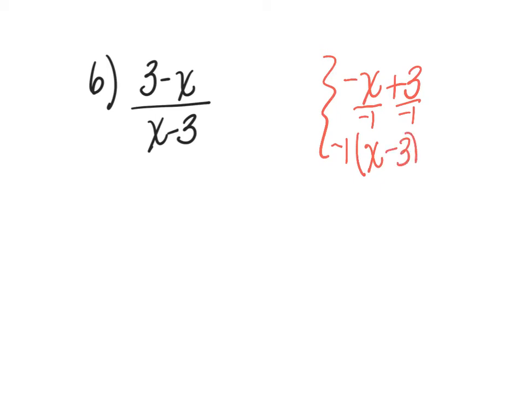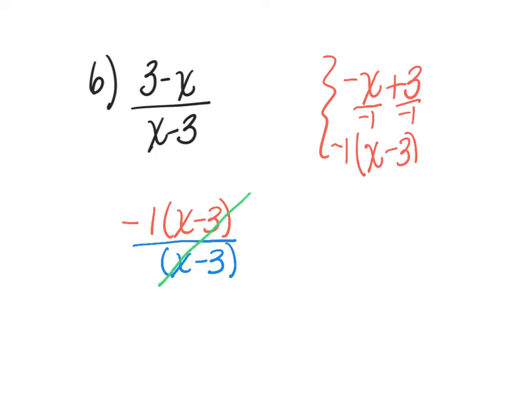So I rewrite that numerator as negative 1 times x minus 3, and there's nothing to do with my denominator, so I'm just going to keep it as the unit x minus 3. Now I can see that the numerator and the denominator both share a common factor of x minus 3, so I can cancel that, and I'm left with negative 1. That's how it happens mathematically.